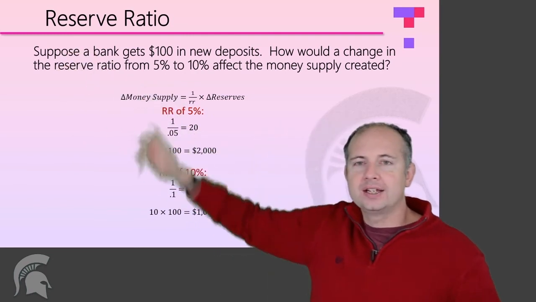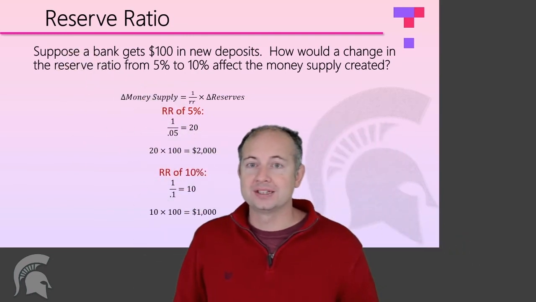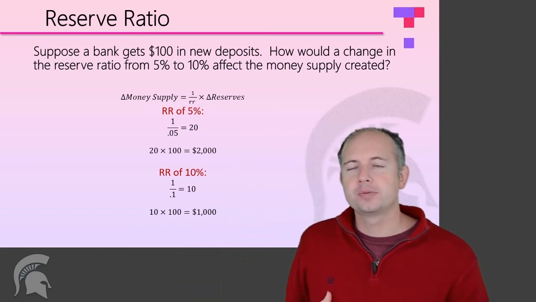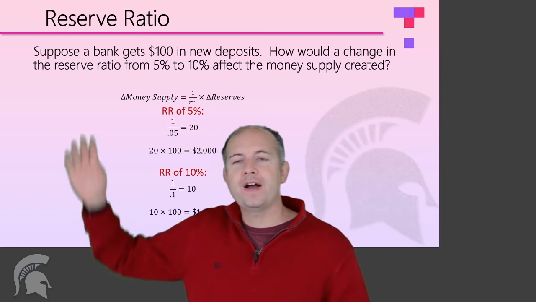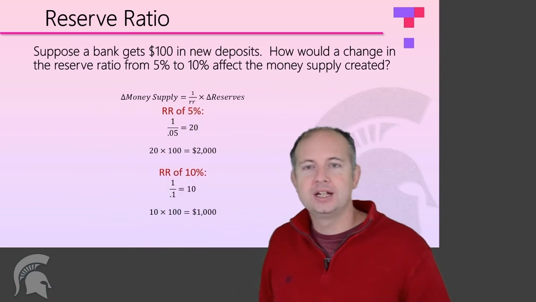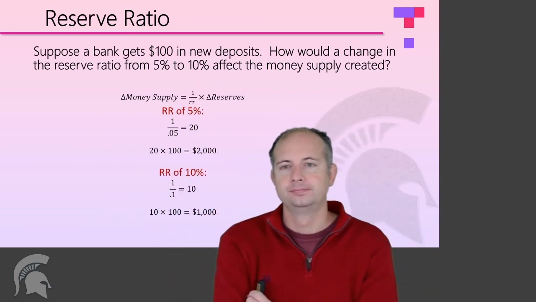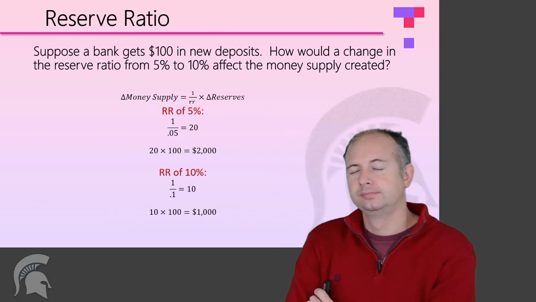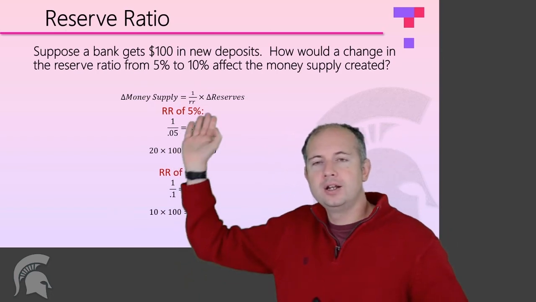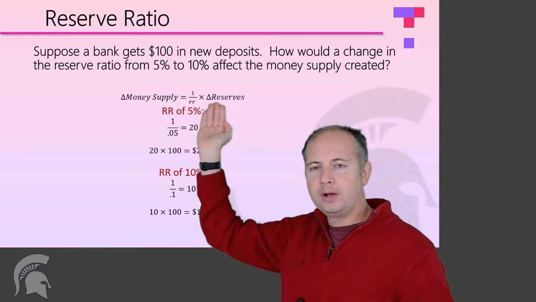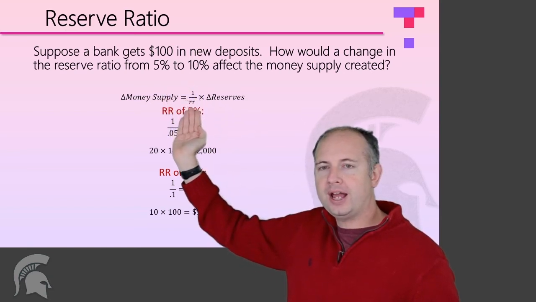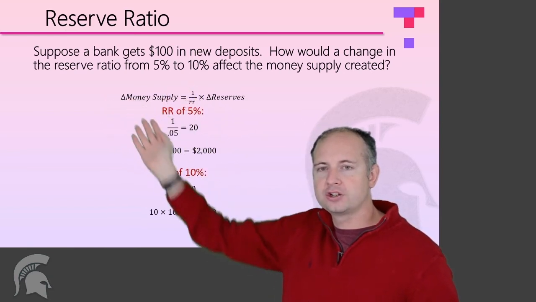Suppose a bank gets $100 in new deposits. How would a change in the reserve ratio from 5% to 10% affect the money supply created? We take our new money deposited and multiply that by the money multiplier, which gets us the change in our total money supply.